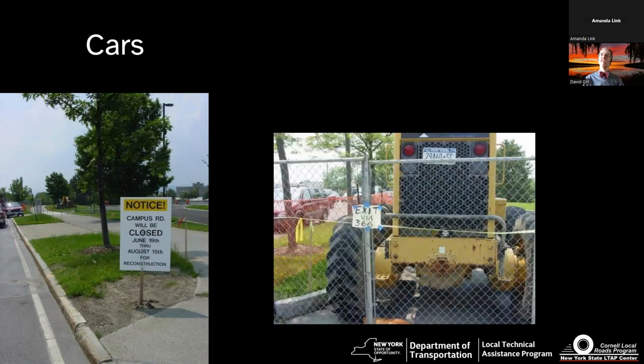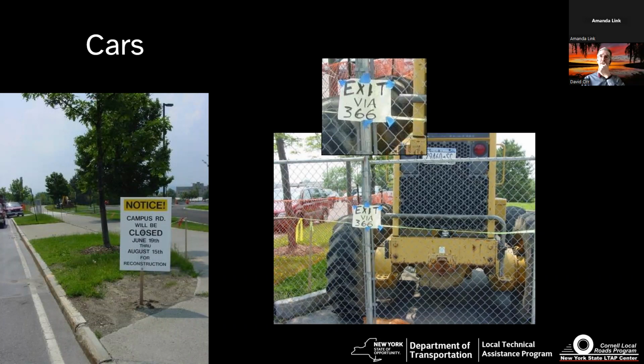This is even worse. They want you to go down a different exit to get out of this particular parking lot. A handwritten sign taped up with some construction tape, painter's tape? No, probably not good communication. It makes us all look bad when we do things like that. Yeah, it's blown up. Exit via 366.